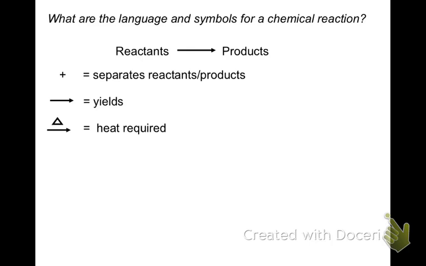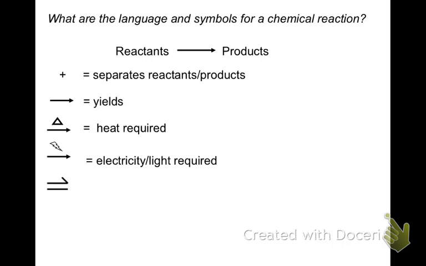So if you do not supply that reaction with heat, it might not happen. So a triangle over that shows that heat is required. If you have a kind of a zigzag or a lightning bolt over the arrow, that means that electricity or light is required for that reaction to happen.